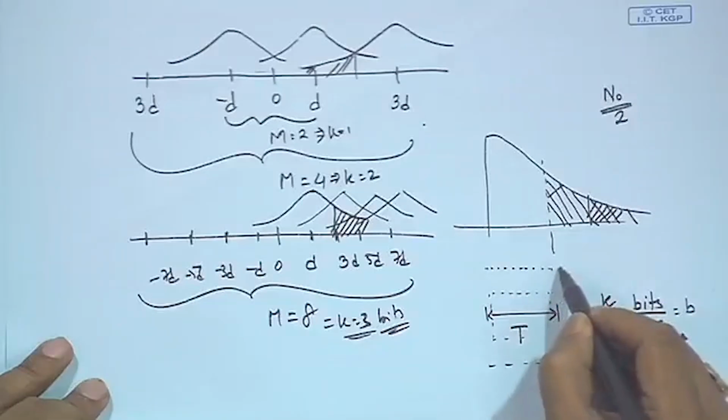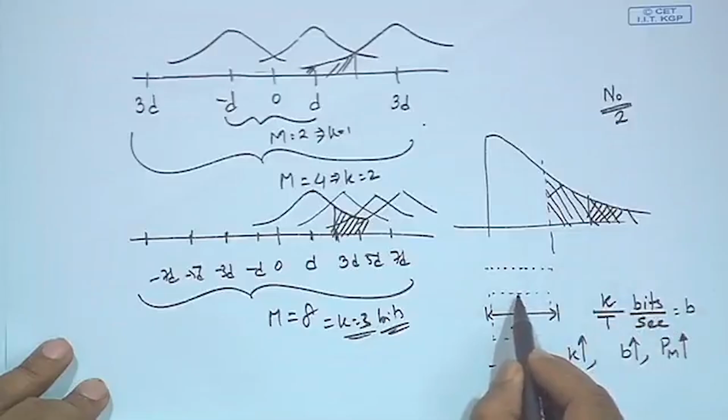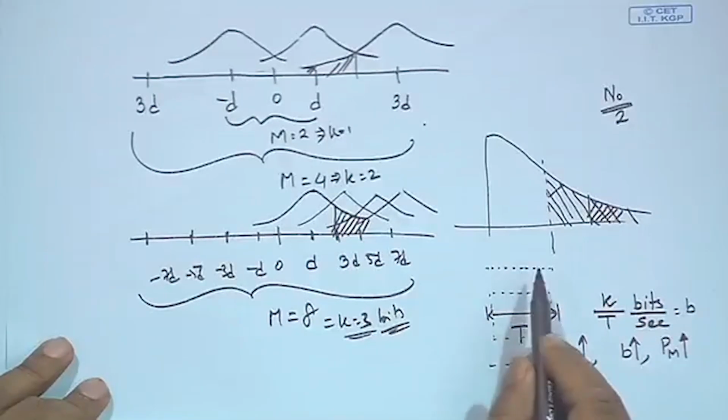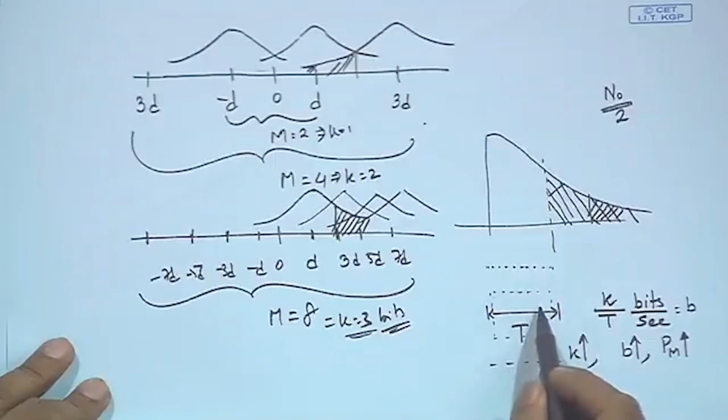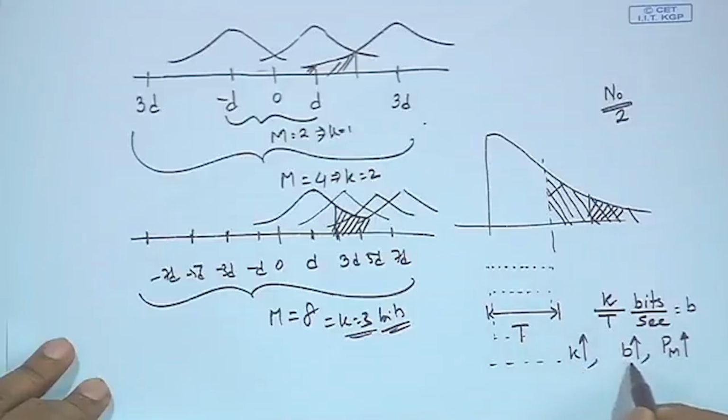So, in this case I am sending 2 bits per symbol, in this case 1 bit per symbol. In the 1 bit per symbol case, my bit rate is low, but my probability of error is also low. When I send more bits per symbol, I pack more bits per symbol without changing the total transmitted power. In that case, my bit rate has of course increased, but my error probability has also increased.